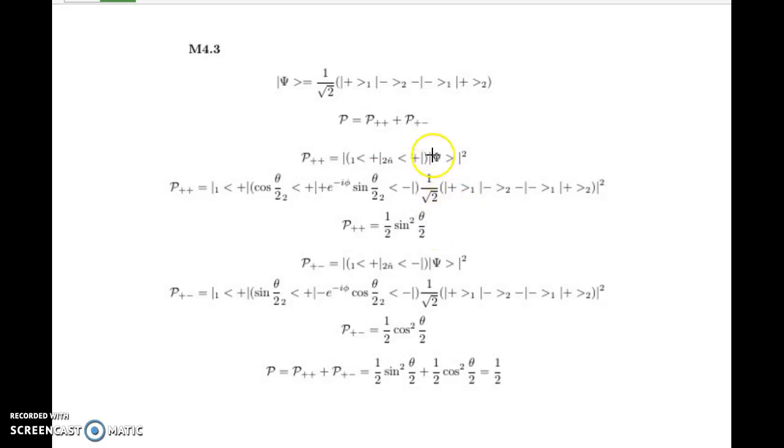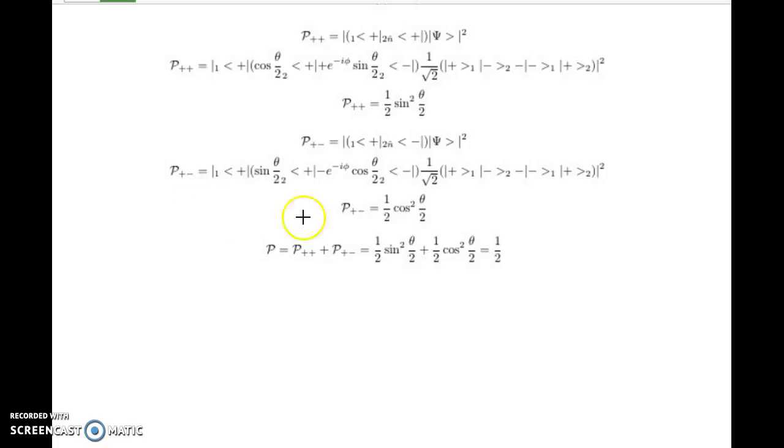And then the ket is just our state that's given. And then so solved out, this probability becomes 1/2 sine squared theta over 2.